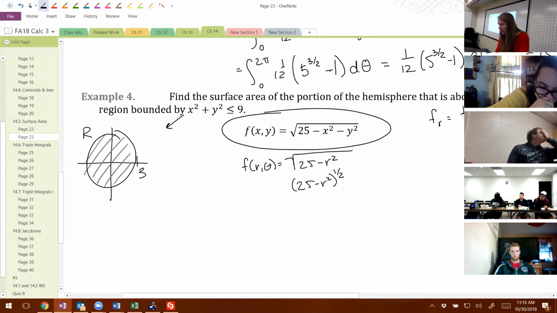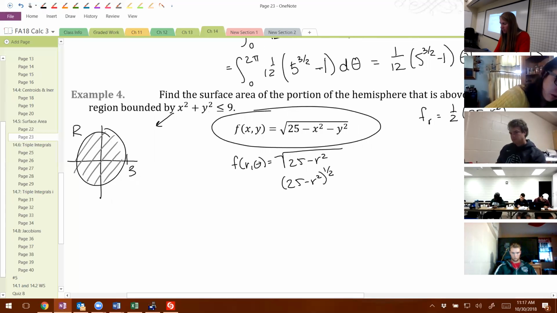So 1/2 comes out front, keep the base the same, decrease the exponent, so that's a -1/2, and then what do I have to multiply that by? The derivative inside, -2r. There you go. So if we clean that up a little bit, the 1/2 and the 2, we can reduce those.